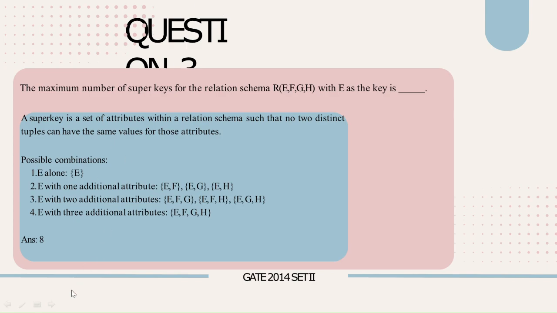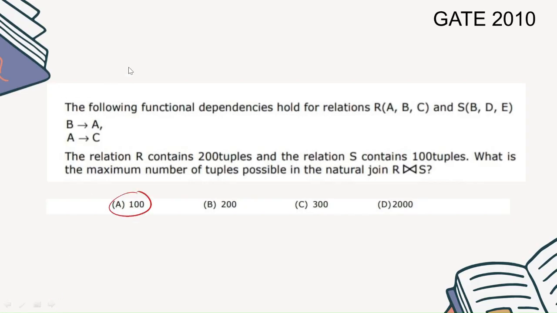So let's move to the next question. Next question is, the following functional dependencies hold for relations R(A, B, C) and S(B, D, E). In the relation R, B implies A, A implies C. The relation R contains 200 tuples and the relation S contains 100 tuples.